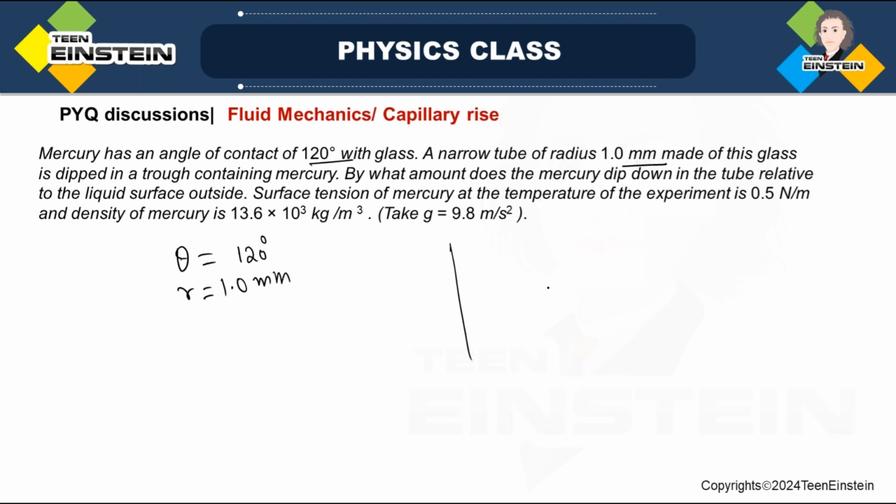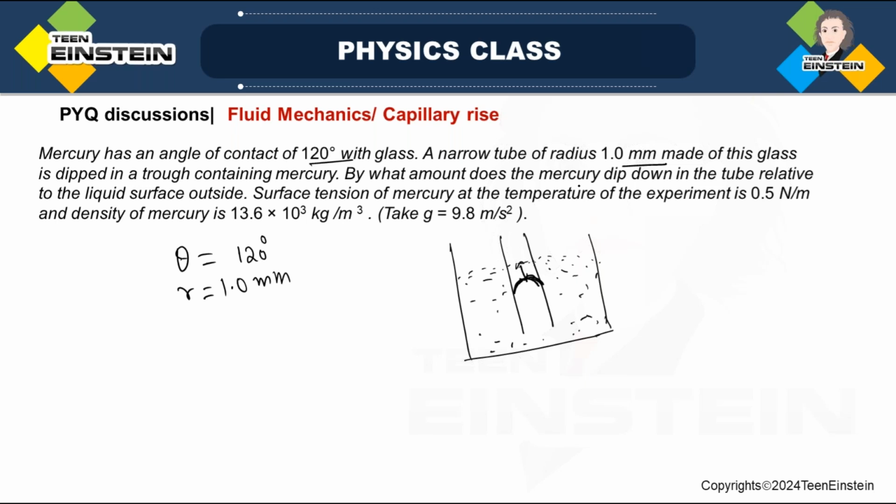See, in case of mercury, what happens inside the capillary? Suppose this is the mercury level outside, and for a capillary tube the level will be a little depressed, like this. This is the original level here, but it is dipped down by some height h, which we have to find out.